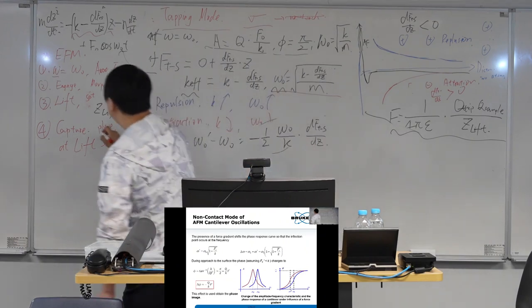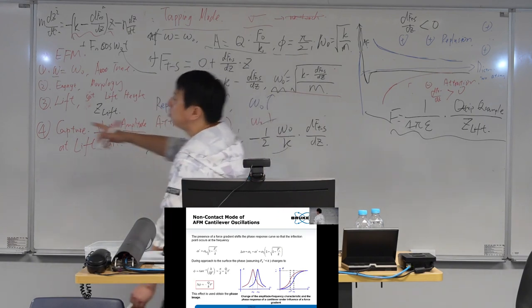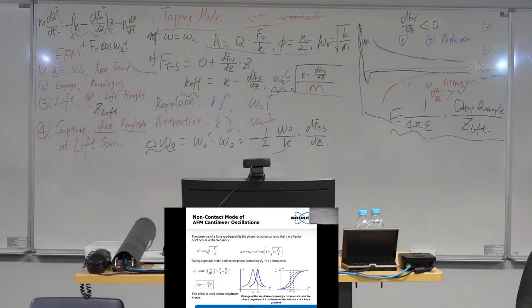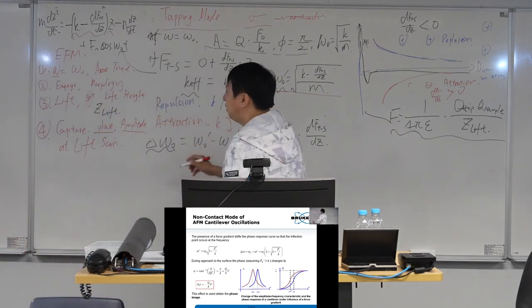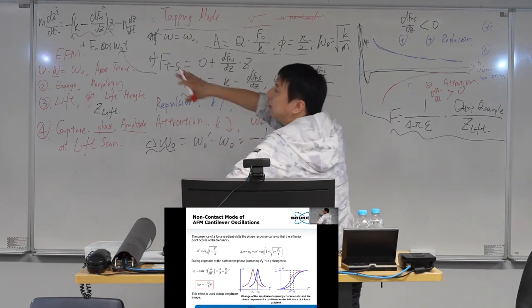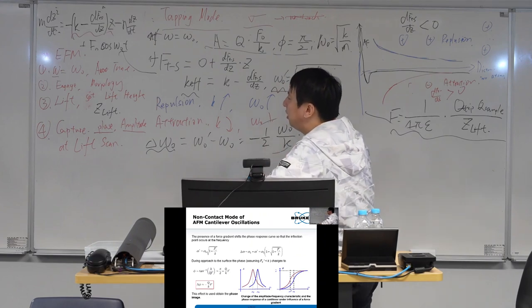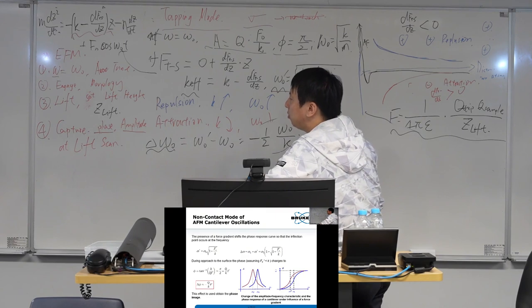Then from the phase and amplitude, we know the phase is proportional to the force gradient. And then this phase and amplitude imaging represents the electric field force. Okay, so that's our EFM way of how it works.